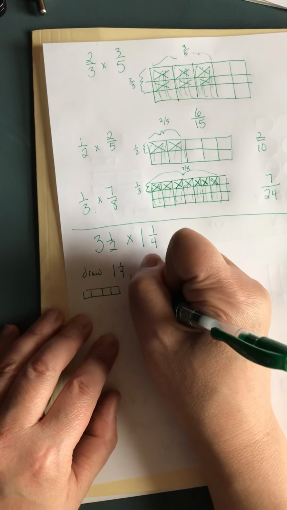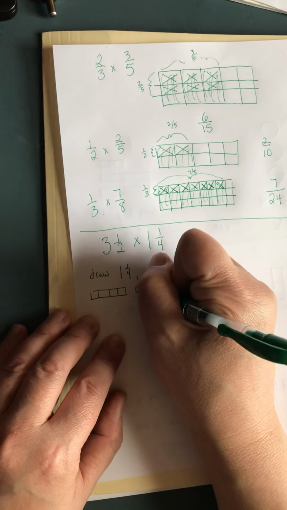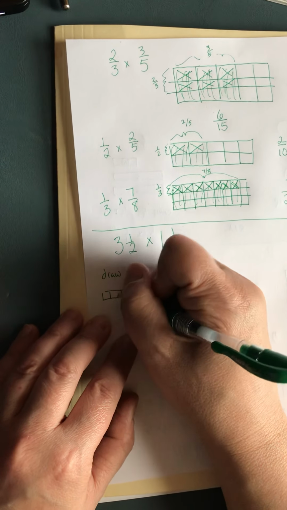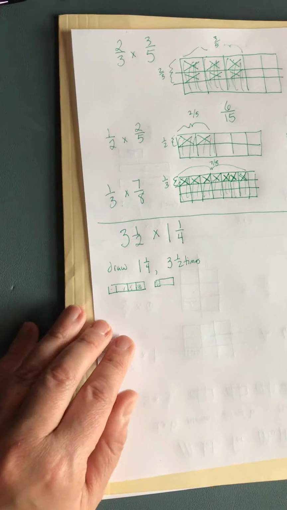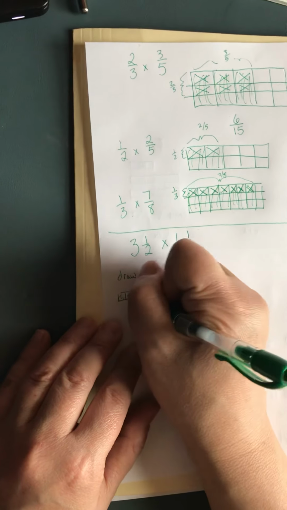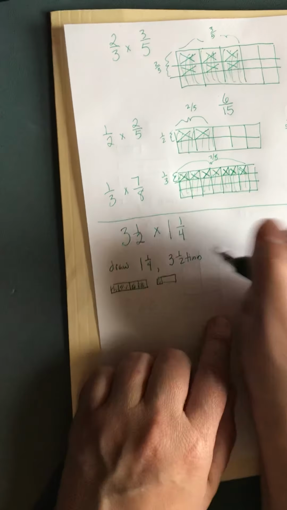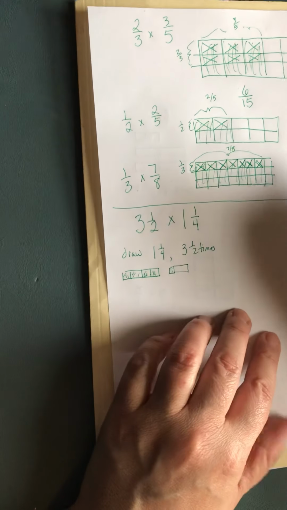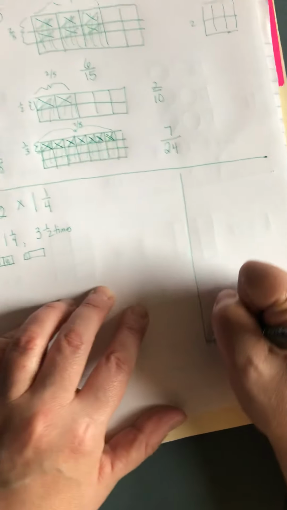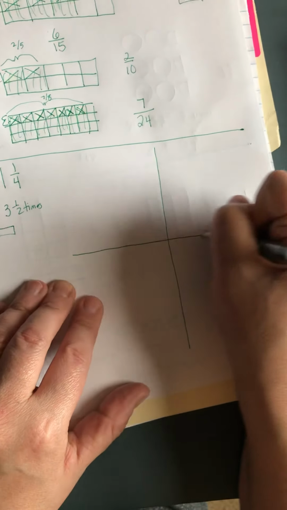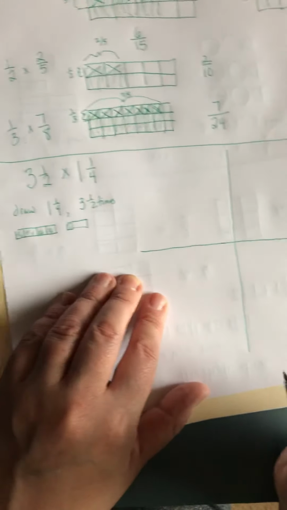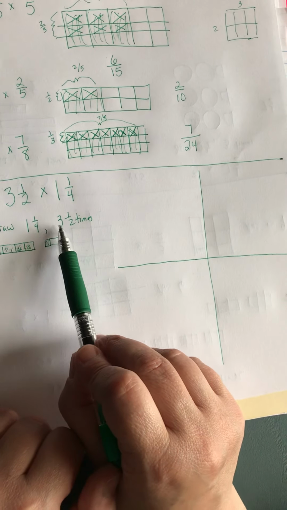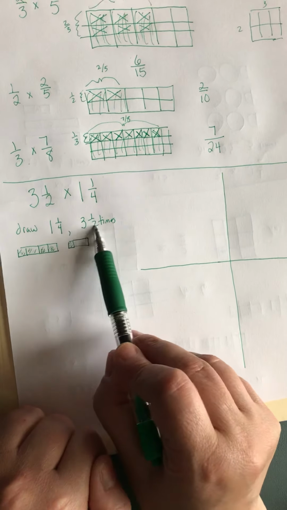Right, so 1 1/4 is going to look like this. All right, I'm going to draw that 3 and then a half times, okay? So first I'm going to draw it 3 times, okay? And so come over here and I'm going to break this into 4 parts. All right, so first I'm going to draw each of these 3 times, okay?